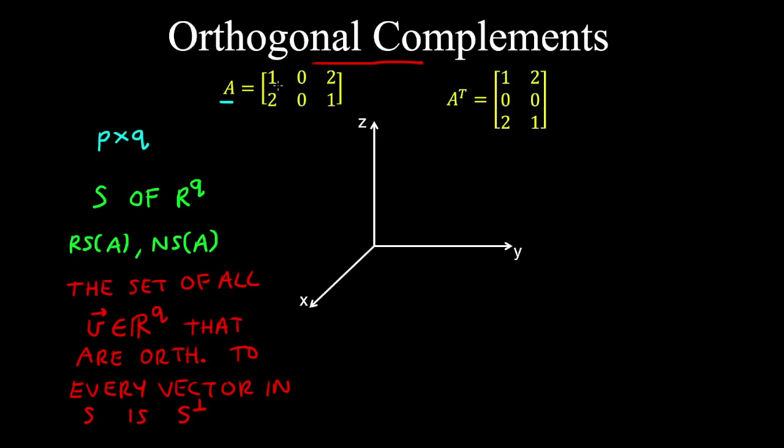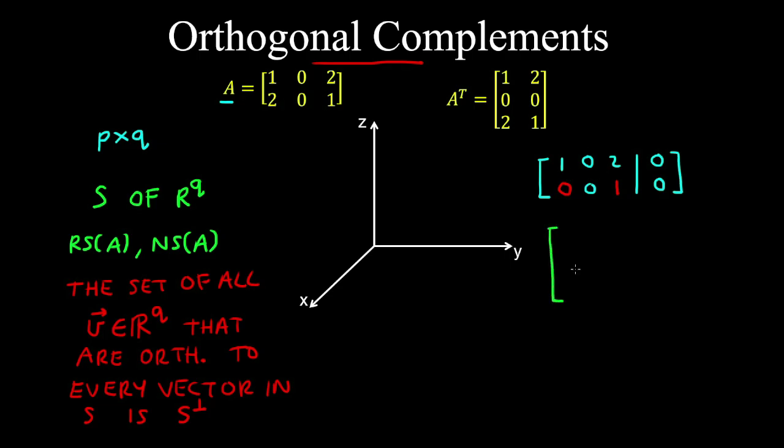So for example, if we have A with the following entries and we augment it with the 0 vector, then subtracting 2 times row 1 from row 2, we get 0 and minus 3. And then multiplying the second row by minus a third, we get a 1. So this matrix is now in row echelon form.